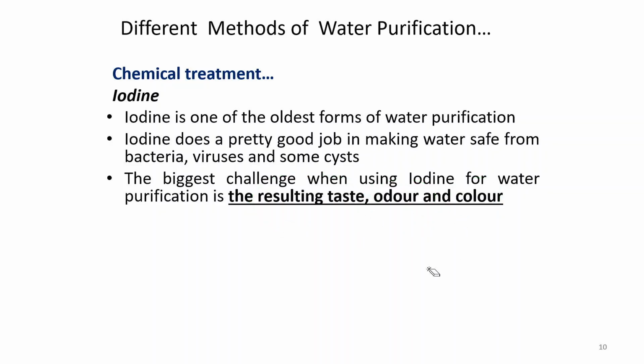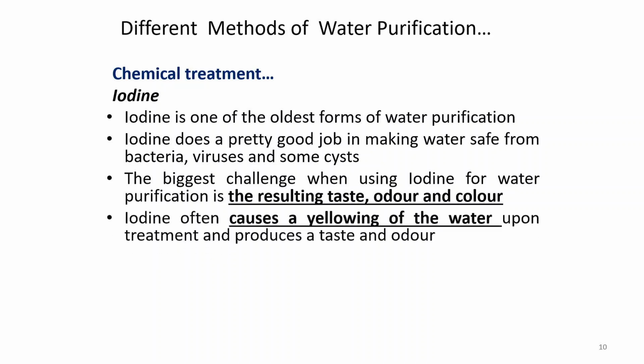Iodine is a very good, easy way of killing bacteria and viruses, but it will change the taste of water and its color. It often causes yellowing of water, which we may not like to drink, and it changes the taste also. But it is relatively safe for drinking because it kills most of the bacteria and viruses.